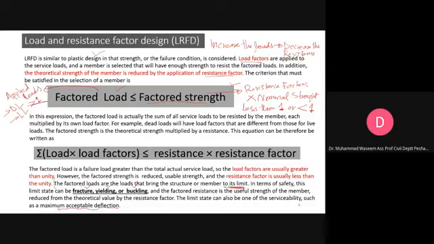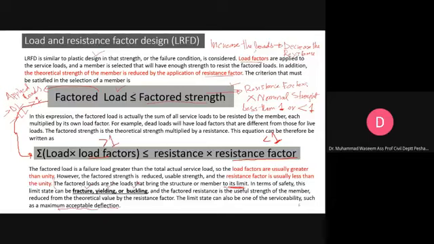This factored load is this much. It is the summation of all the loads with their load factors which are acting on your building, okay? This factored strength is the resistance that is multiplied with the resistance factors, and these resistance factors are less than 1. You are reducing this resistance, okay? These load factors are always greater than 1, okay?